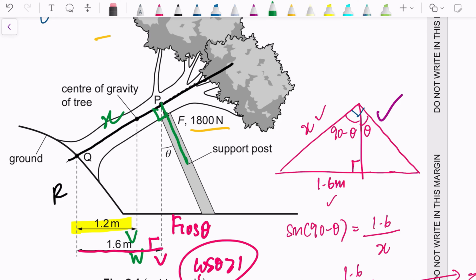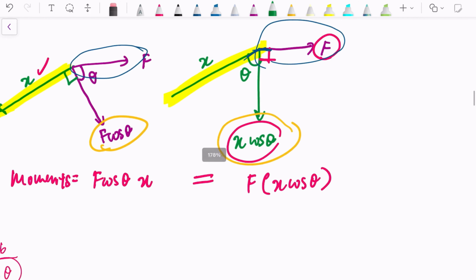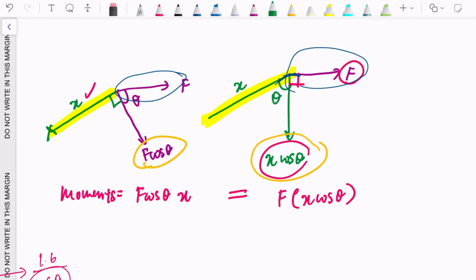That means you shouldn't find a way to get F cos theta and multiply by 1.6 meter. You will not get an answer. You must find the perpendicular distance instead. But if your force is not perpendicular to your axis, as in those two cases, then you can choose to either resolve your force or resolve your length. So that is something to be aware of.